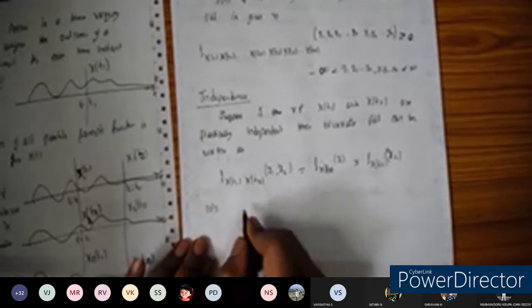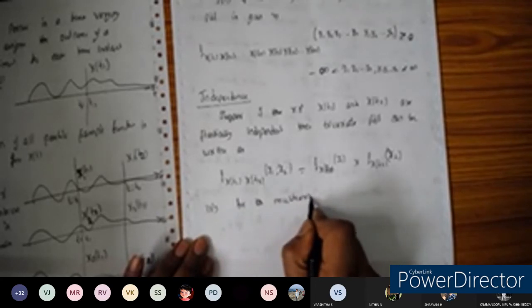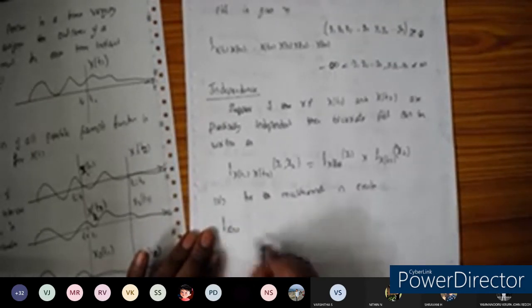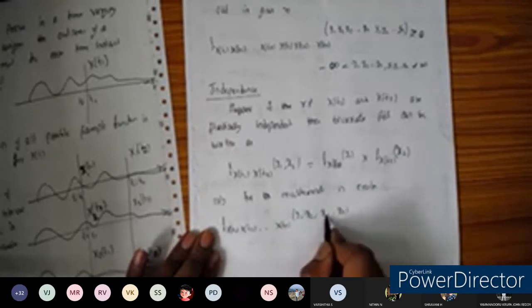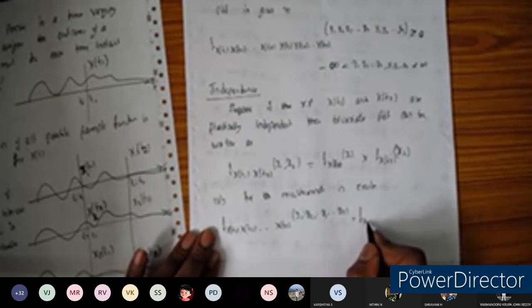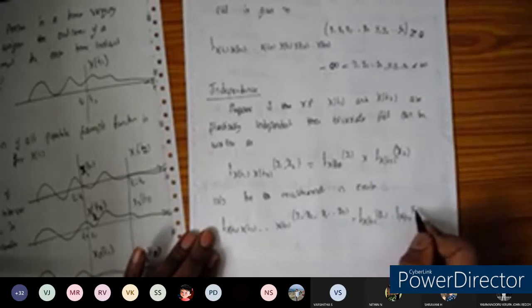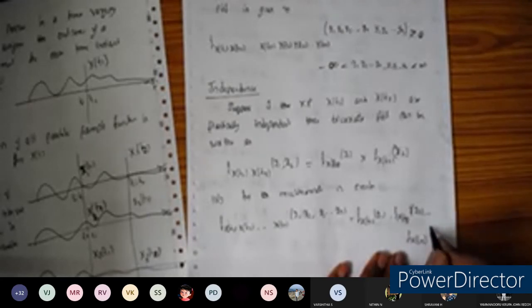For the multivariate case with n events, I'm going to define the n random processes: fX(t1, ..., tn)(x1, x2, and so on up to xn). This can be taken as the product of the individual densities: fX(t1)(x1) into fX(t2)(x2), and so on up to fX(tn)(xn). This we can call statistical independence, for the multivariate random processes.